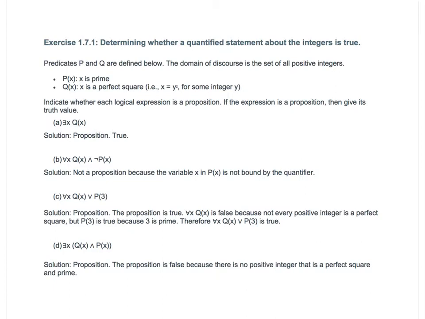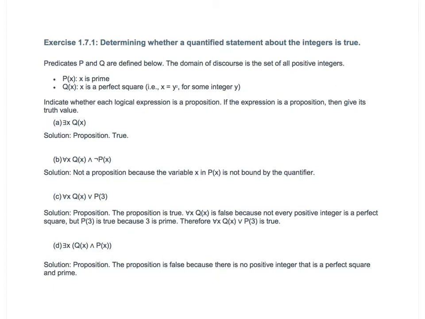In the last part, we have there exists an x, Q(x) and P(x). Here, in this existentially quantified statement, we have a parenthesis over the conjunction of Q(x) and P(x).